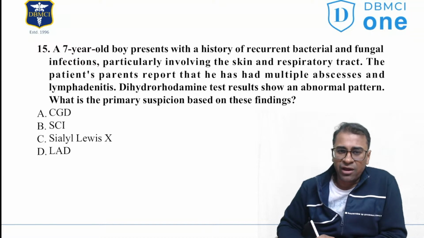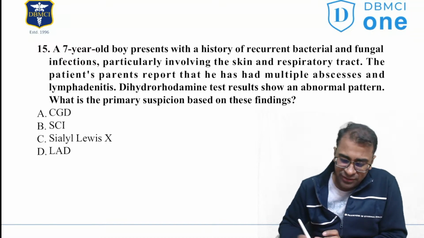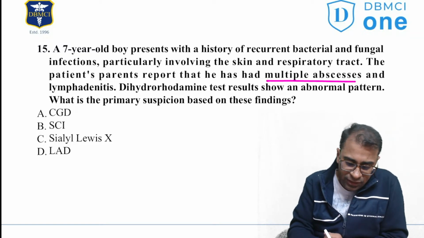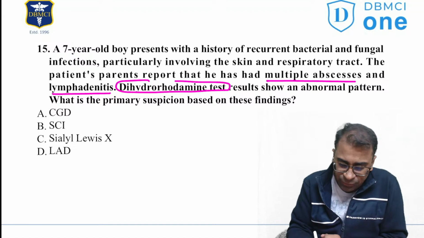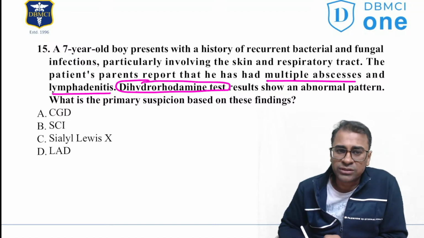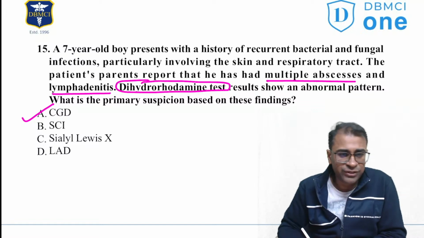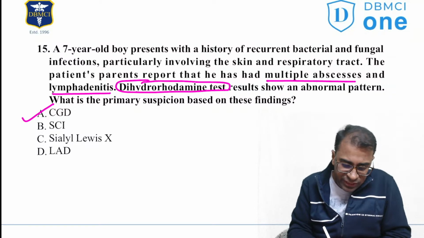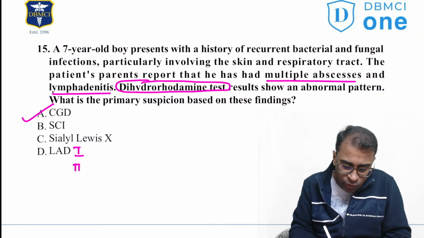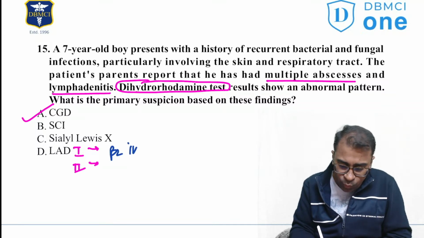Recurrent bacterial and fungal infection is seen in the skin and respiratory tract. Multiple abscess है and lymph node enlargement है. Dihydrorhodamine test is positive. And so what do we do this for? Yes, we do this for CGD. Very good. Okay. So देखो, tell me in which disease you see LAD1 and LAD2. LAD1 is a defect of beta 2 integrins, right?